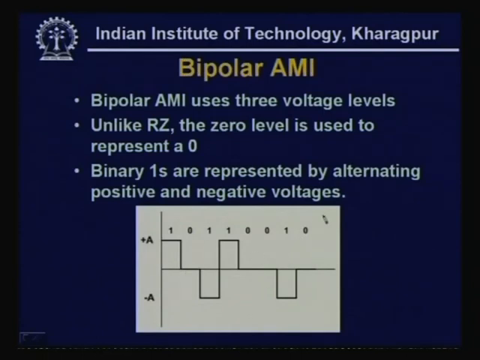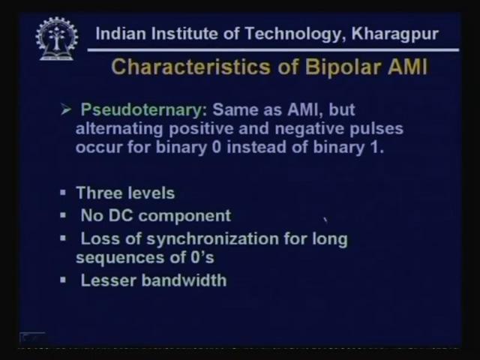The characteristics will be the same as bipolar AMI. The only difference is that here binary 1 represents 0 volt, and for 0 there are alternating positive and negative voltages. That is the difference between bipolar AMI and pseudo ternary.